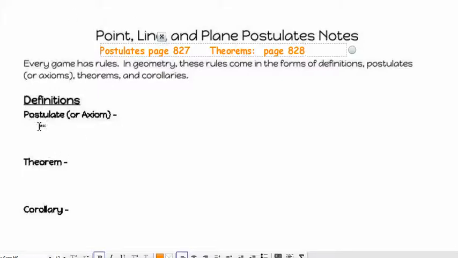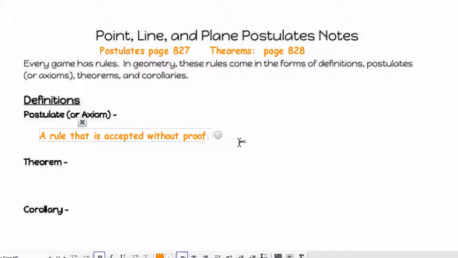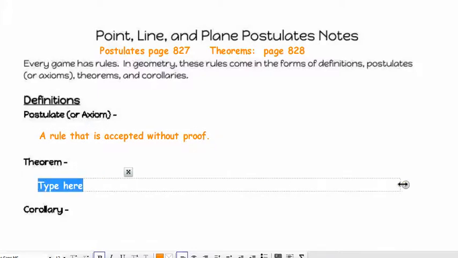So let's talk about what each of these are. A postulate is a rule that is accepted without proof. Usually these are statements that are easily understood. They're not something that we need explained to us. A theorem is a true statement that follows as a result of other true statements.